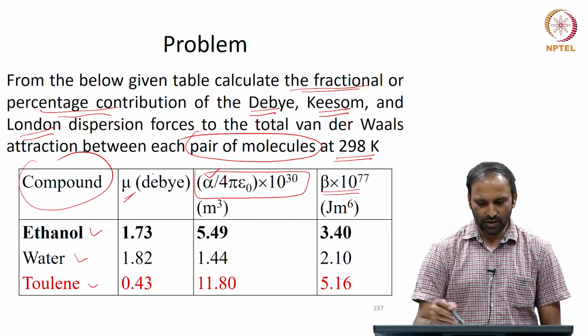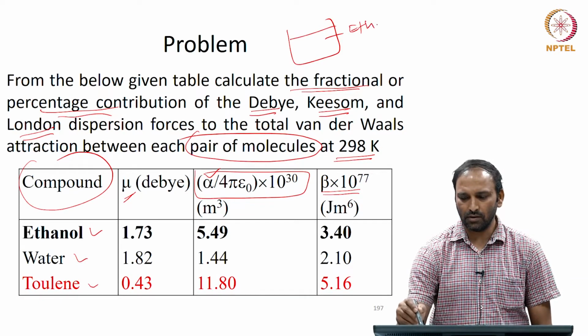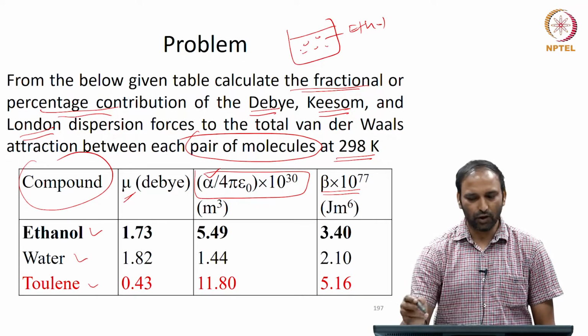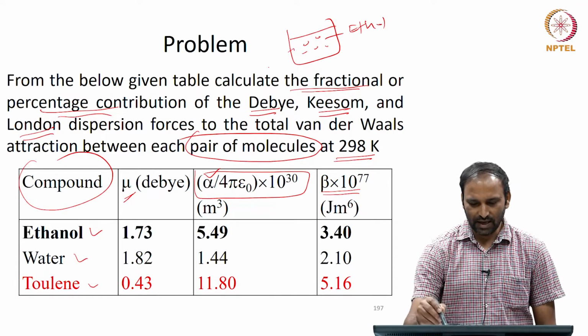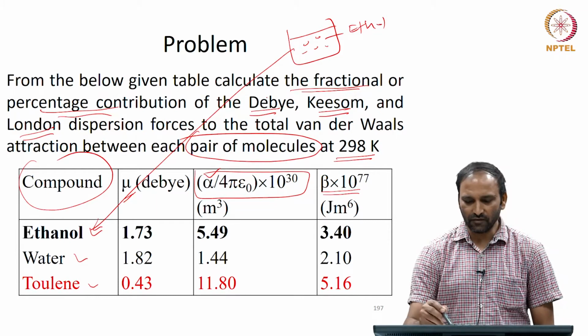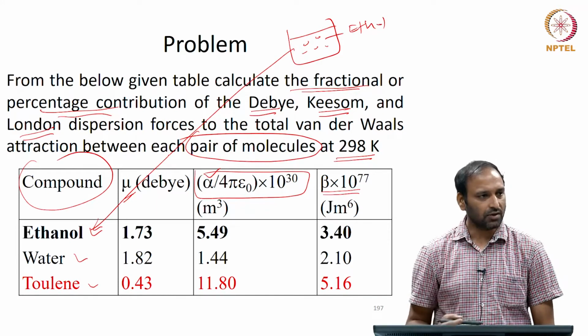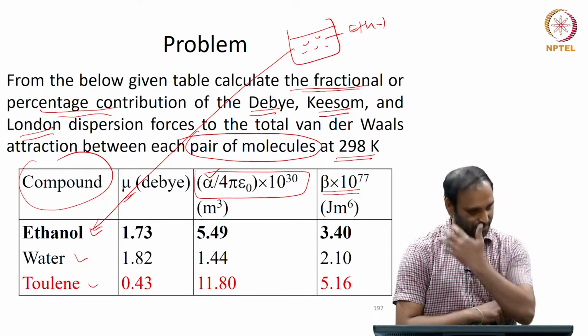So, if I take a container which has ethanol, with a large number of molecules of ethanol, what is the contribution of these 3 interactions to the total van der Waals interaction? That is the question.